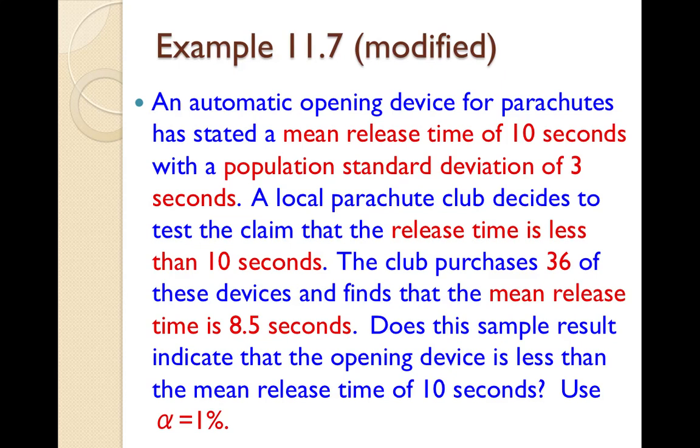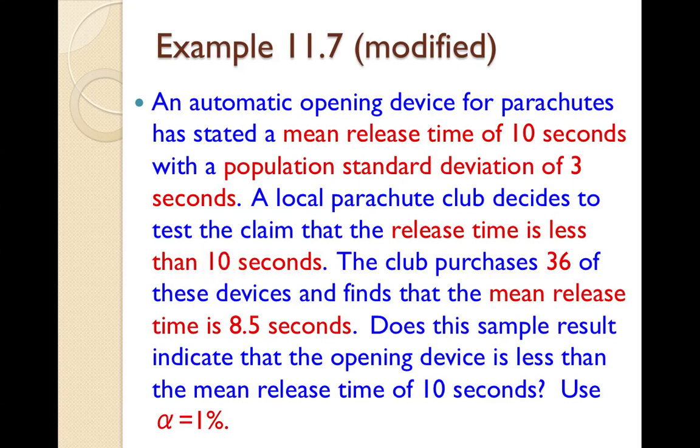So reading again for the 6 items, we have a population mean of 10, a population standard deviation of 3. A local parachute club decides to test the claim that the release time is less than 10 seconds. So this less than 10 seconds gives us the direction and the way we're going to state our alternative hypothesis.